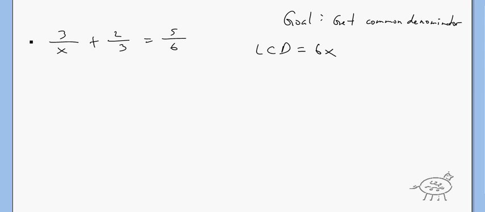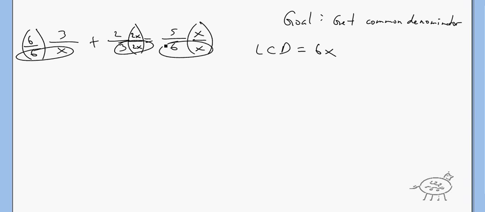So what I need to do is multiply this by 6 over 6 to get that to be 6x. I need to multiply this by 2x over 2x to get that to be 6x. And I need to multiply this by x over x to get to be 6x. Once you have the same denominator, you cross them off, because I don't care about the denominator anymore, right?